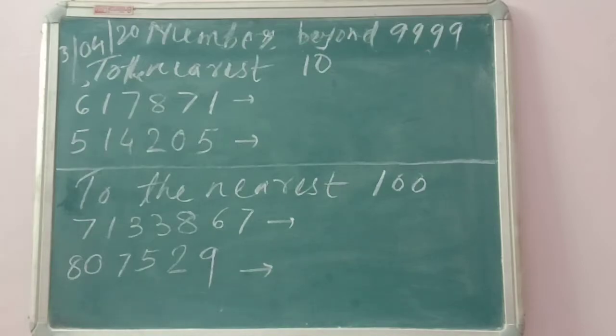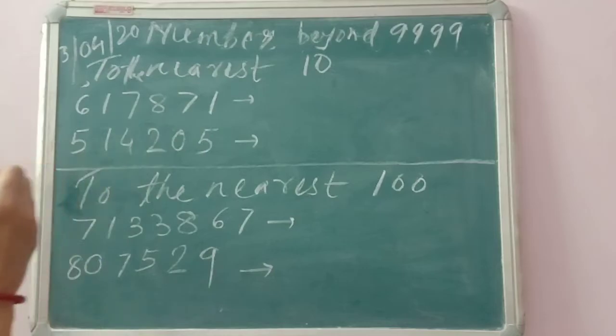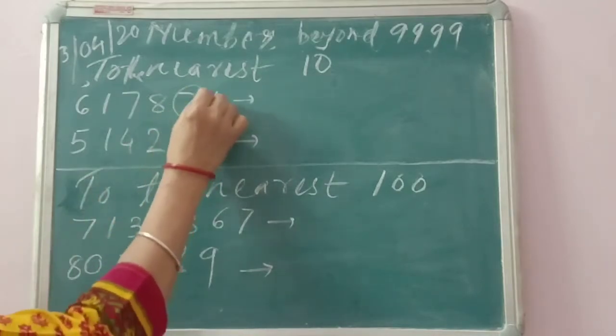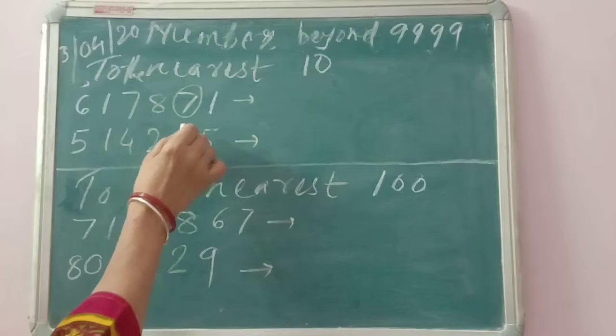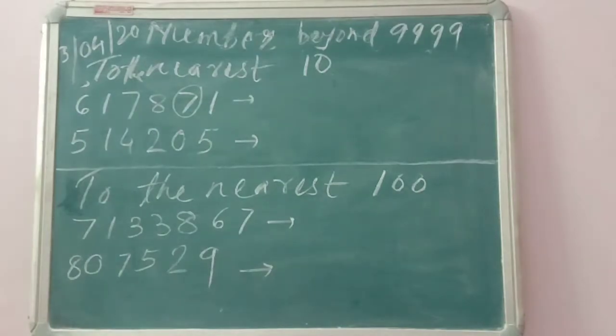Now how can we do this rounding of the numbers? Let's study now. To round a number to the nearest 10, what do we do? First I'll circle the digit where I want to round off. Here, at the tens place, the digit is 7, so I circled it.